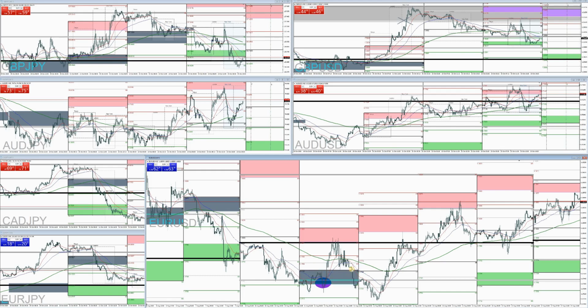Okay, and we did get the buy option right in here. And we had our stop below the S1, which we most likely got stopped out by the pip here, which is minus 50 pips.